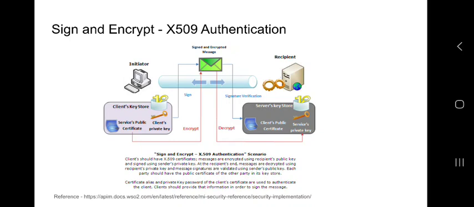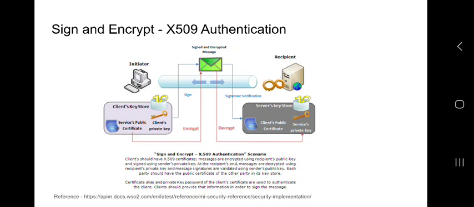So it will be encrypted, and then what? At the recipient end, the messages are decrypted using the recipient's private key, and the message signature is then validated. You have to also sign the message, right? Before you send it, you also have to sign the message, and the signature is validated using the sender's public key, because you sign it using the sender's private key and encrypt using the recipient's public key.